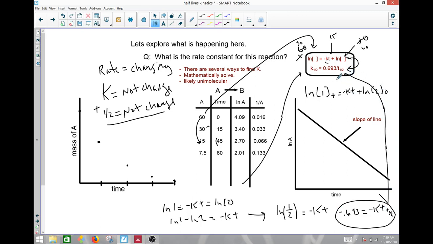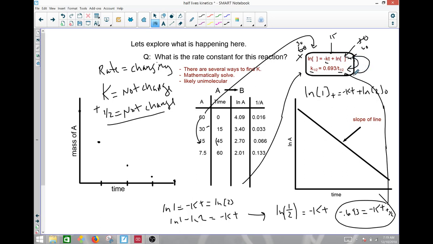Again, the k is not changing, the half-life is not changing, so we can relate the two together. If you have the t1/2, you can find the k for that particular reaction. So this is maybe a fourth way, which is really just the same equation shortcutted for a half-life.